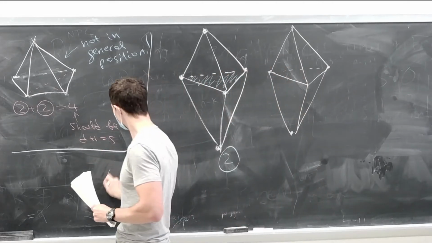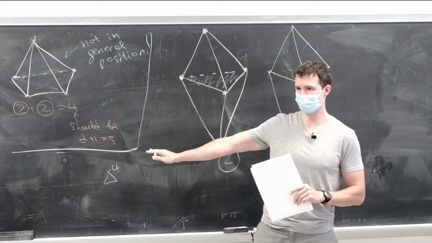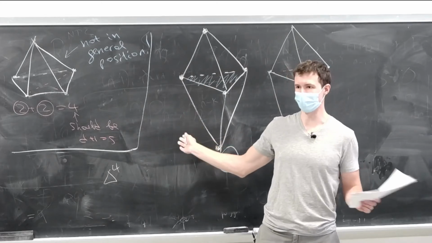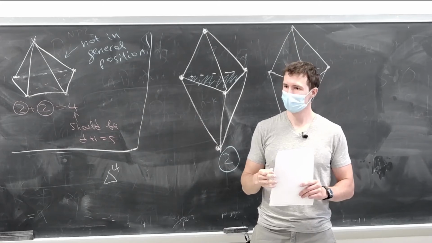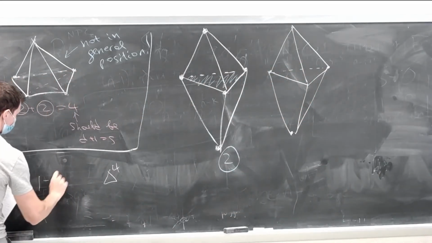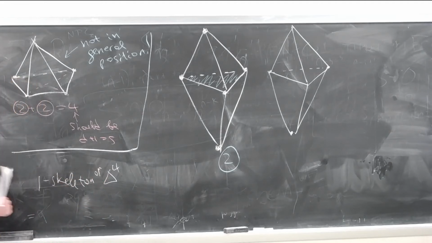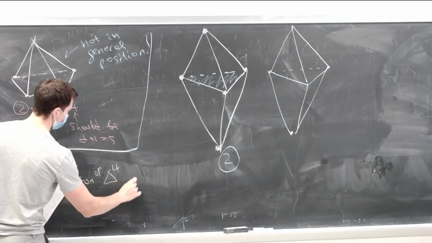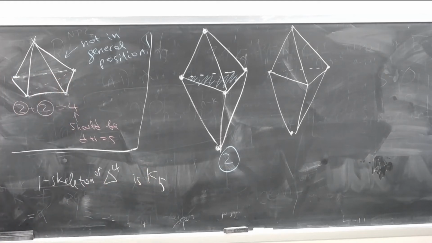So the four-dimensional simplex, if you only look at the edges, right, you look at the vertices and the edges, which graph are you going to see? One skeleton of the what? Okay, and yeah, I'm just going to see the complete graph on 5 vertices.